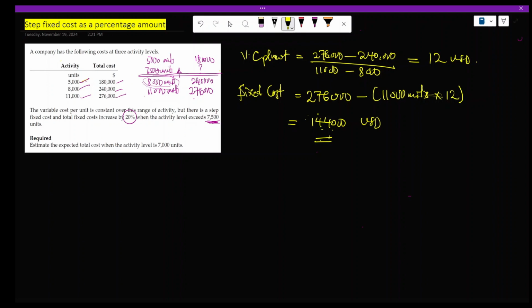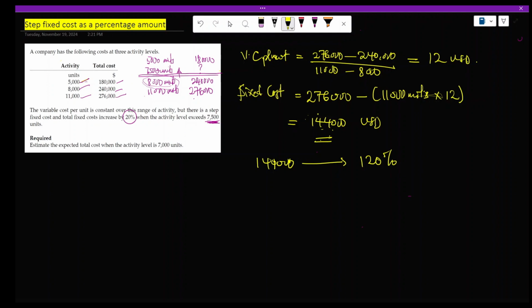So if you want to get the fixed cost associated with 7,500 units, then we need to understand that 144,000 is equivalent to 120%. Why 120%?